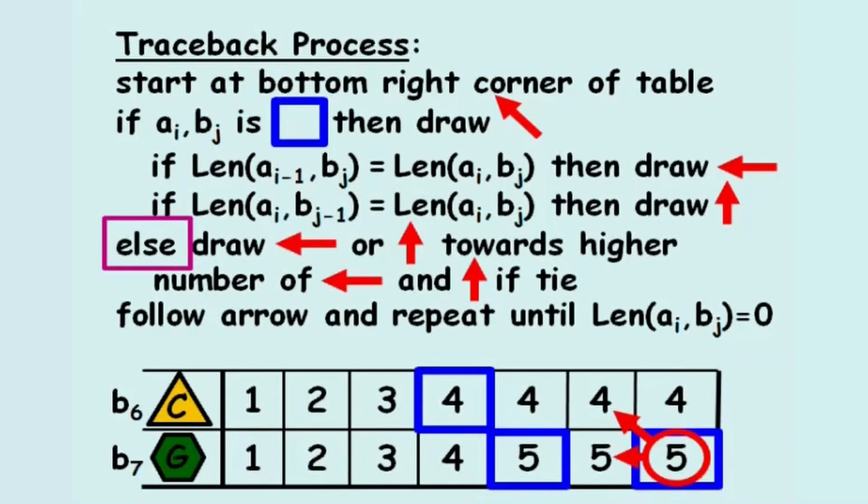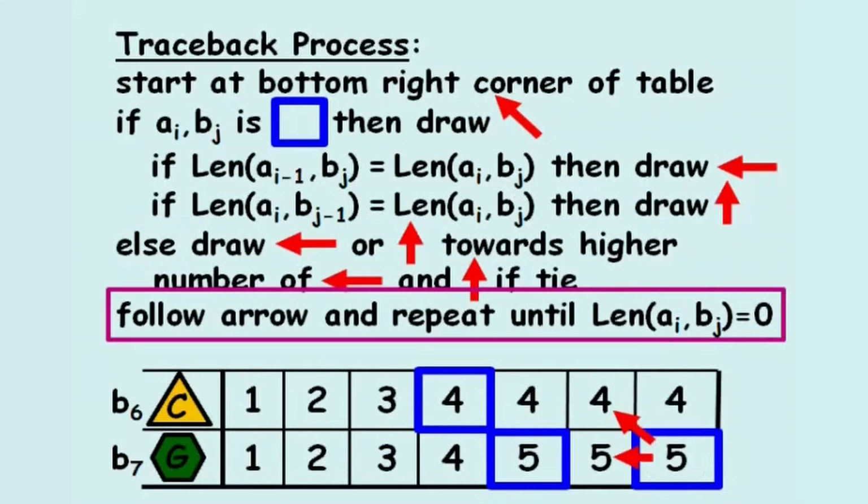Else means if AI BJ is not a matching base pair, which does not apply for this cell. And lastly, follow all the arrows and repeat the traceback process until length AI BJ equals 0.